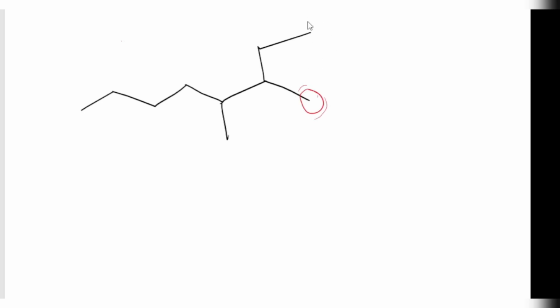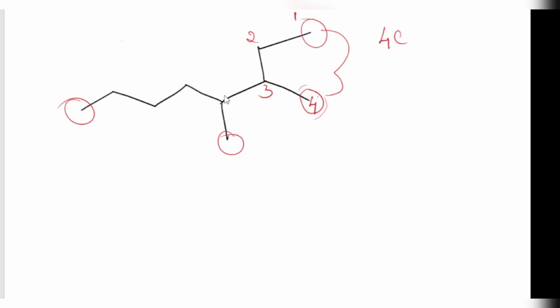Suppose here 4 ends are there: 1, 2, this is 3 and 4. We have to go from one terminal to another terminal so that we get the maximum carbon chain. If I start from here, it is giving 1, 2, 3 and 4. From this terminal to this, it is coming 4 carbon atoms, right?